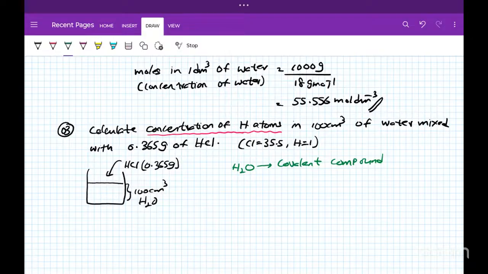Because if you take a water sample, it consists of H2O. It does not consist of hydrogen atoms and oxygen atoms. It consists of H2O molecules. Try to visualize what I am telling. So therefore, H2O is not producing hydrogen atoms to the medium. If you want to produce them, you have to do electrolysis. Then it will release H2 gas.